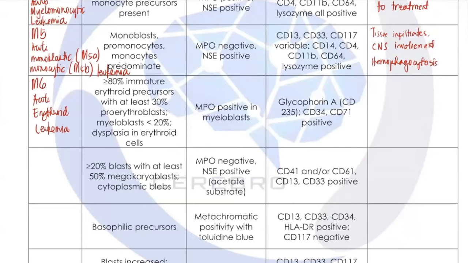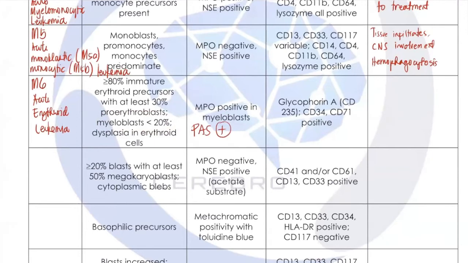So this is MPO positive in the case of myeloblasts because myeloblasts are still belonging in the granulocytic series. So that is MPO positive. Okay, in myeloblasts. And if there's one staining characteristic na tatandaan natin dito, or cytochemistry, that is its PAS positivity. PAS positive or periodic acid Schiff positive siya.